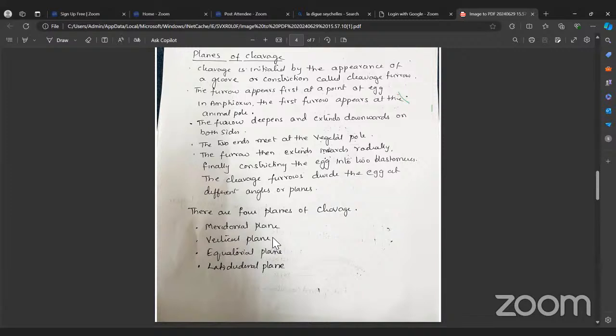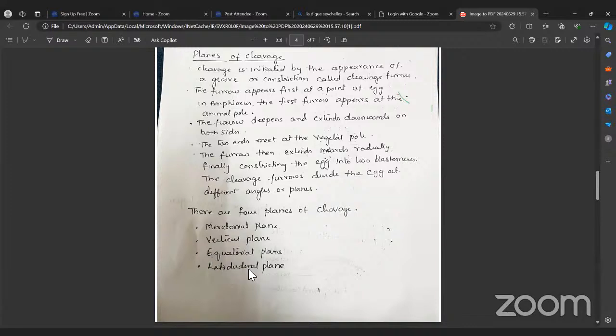Then coming to the next one, that is the equatorial plane. Suppose you want to cut a watermelon, how will you cut it? Not longitudinally. Horizontally, you will cut two equal parts. In the same way, the division that divides the cell at the equatorial plane, or the middle section, is called the equatorial plane.